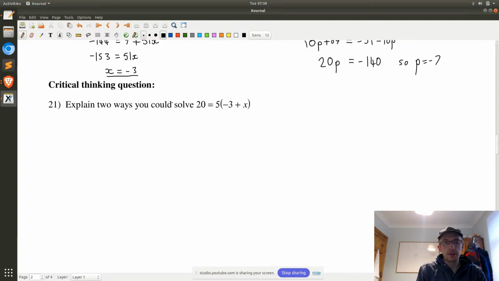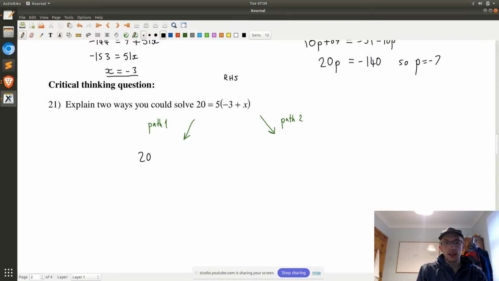Now, in the last problem, they say, explain 2 ways you could solve this equation: 20 equals 5, open brackets, -3 plus x, close brackets. Well, we outlined that earlier with path 1 and path 2. Path 1 says expand on the right-hand side, the RHS.